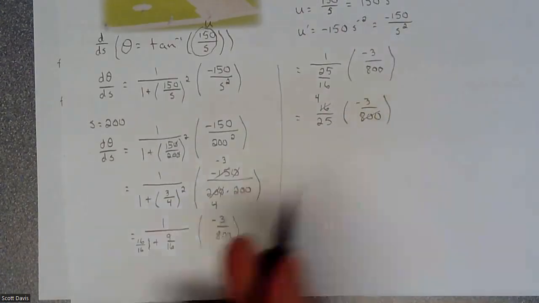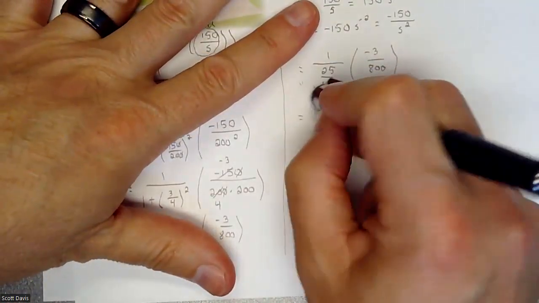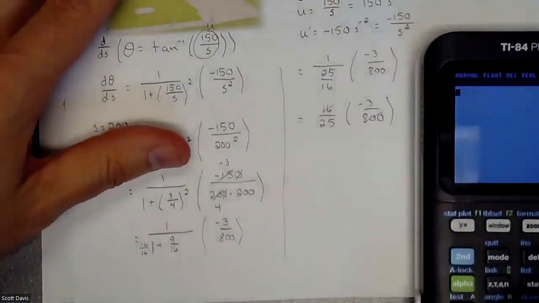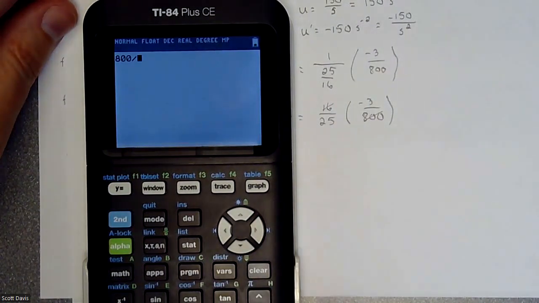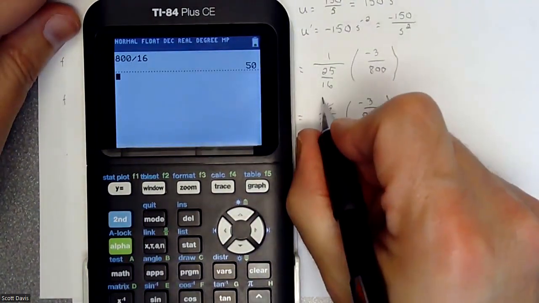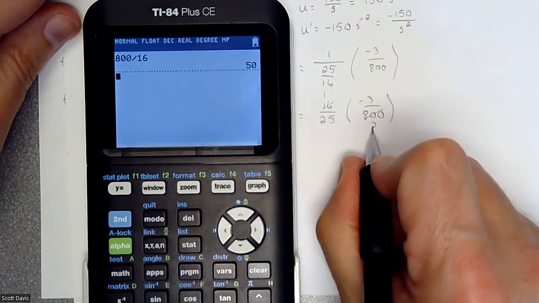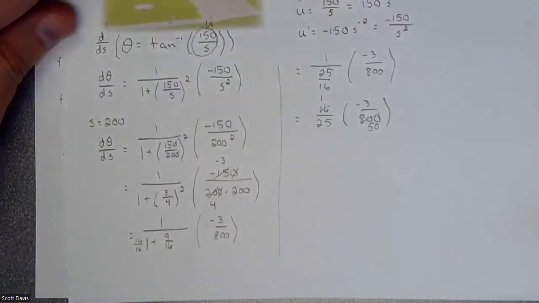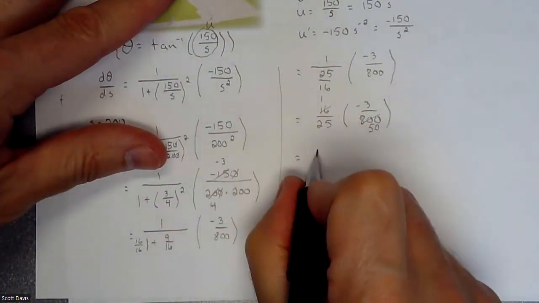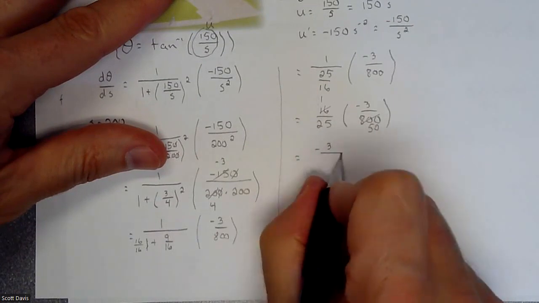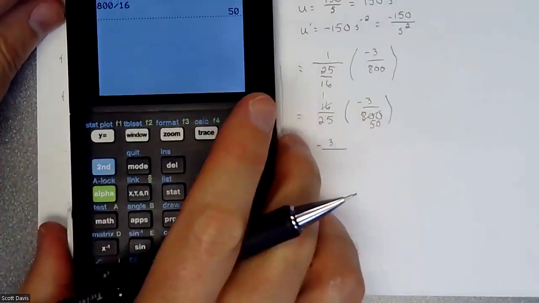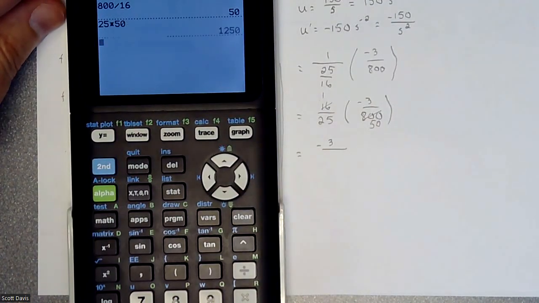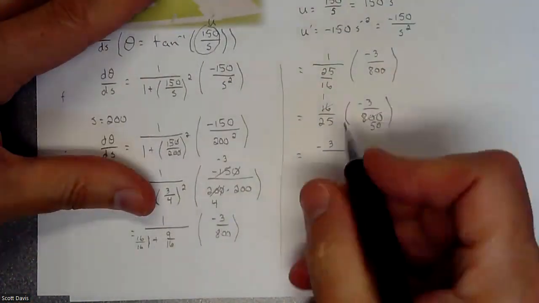All right, I got to use a calculator. So I'm going to see if 800 can be divided by 16. Perfect. So 50. So our final answer is -3 over 1250, just in case, 25 times 50, 1250.